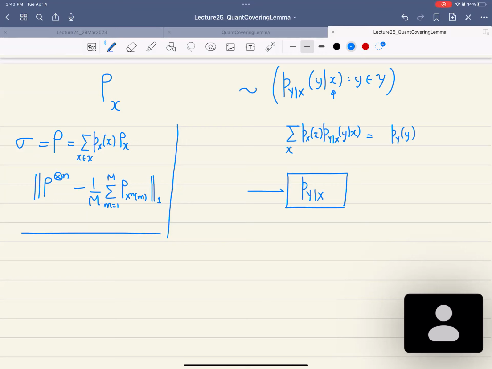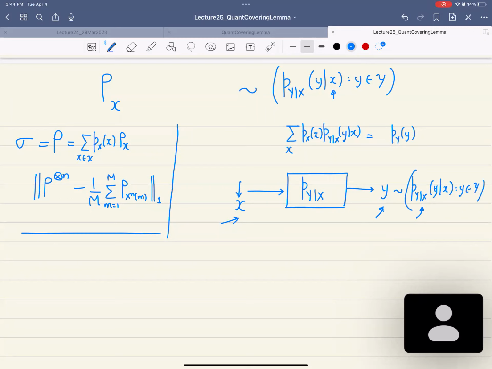If you input x into this blue box, it will put out a y according to the distribution pY given X. Even if you fix your x, your y is going to be random with this distribution.